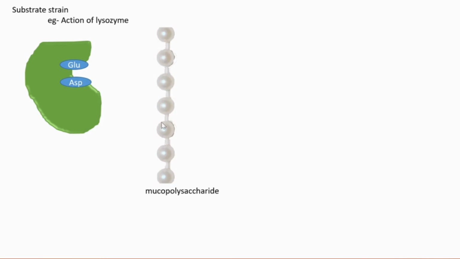How does it break it? Here, the glutamic acid and aspartate present in the active site of this enzyme act on the glycosidic bond present between the fourth and fifth monosaccharide units of the mucopolysaccharide and hydrolyze it. In this way, it breaks the mucopolysaccharide found in the bacterial cell wall.